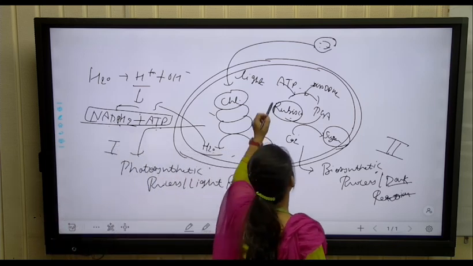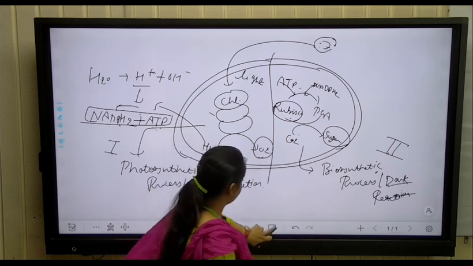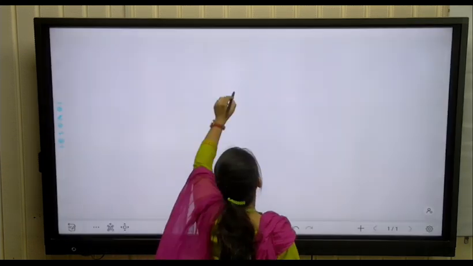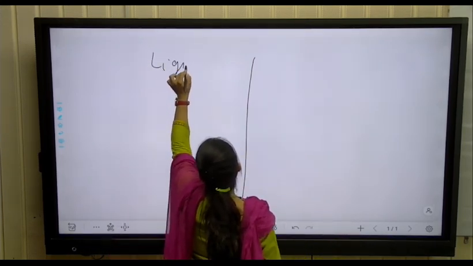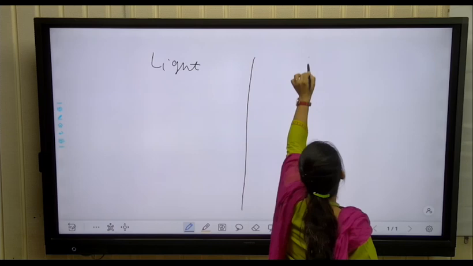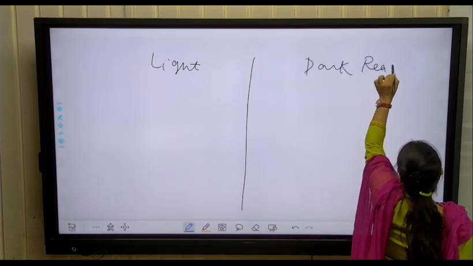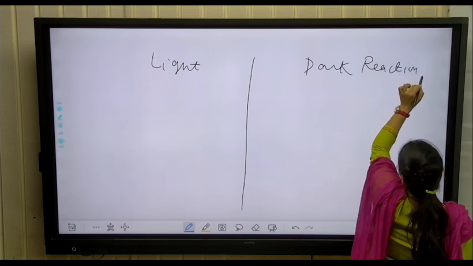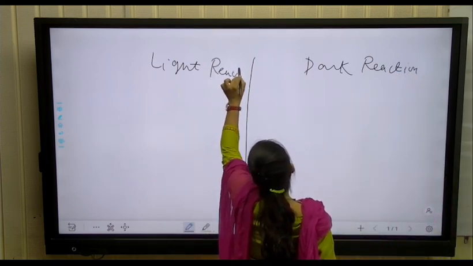So, these are the two reactions. The first reaction is the light reaction. Now we will discuss the steps of these. We will do a comparison of the light reaction and the dark reaction. What is the first phase? Light reaction.